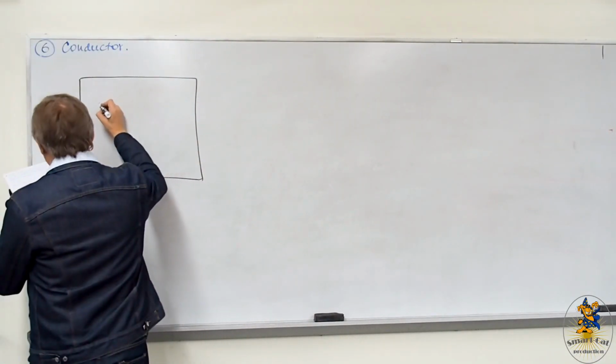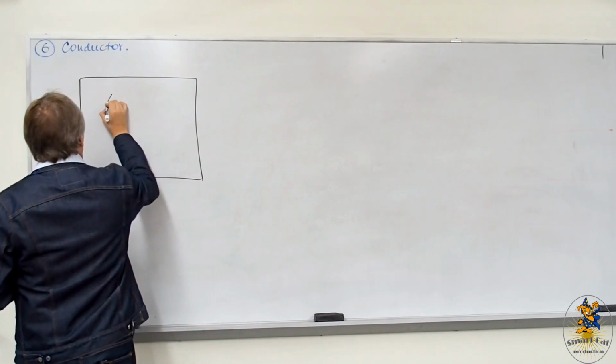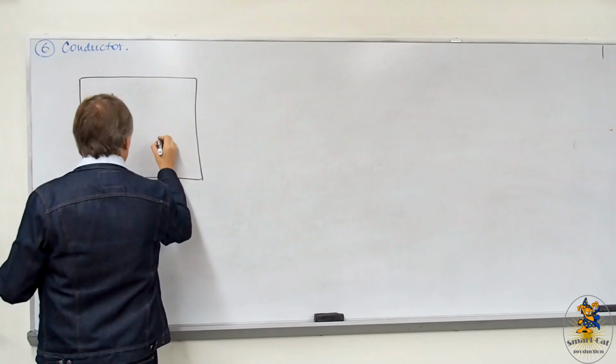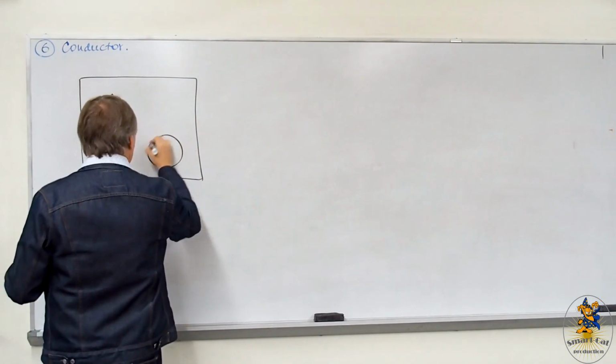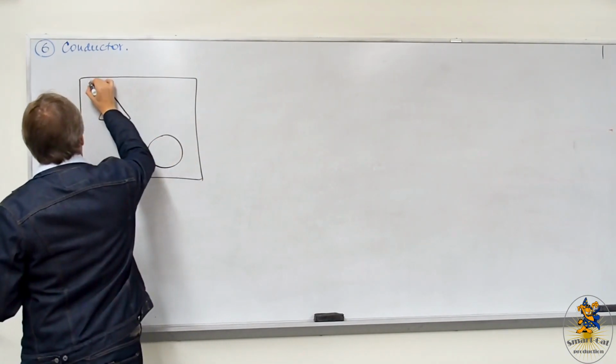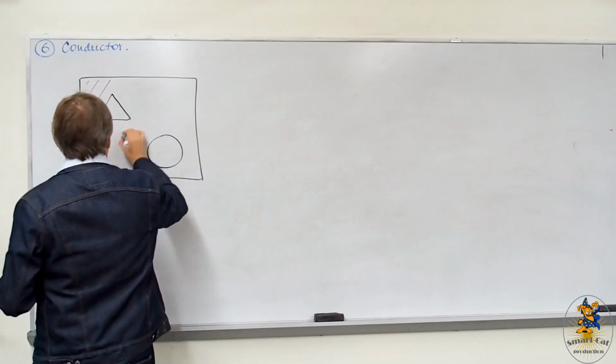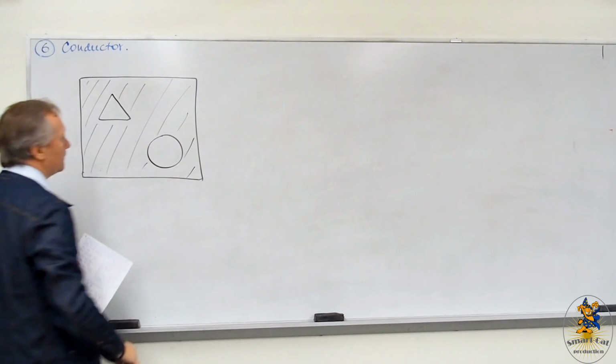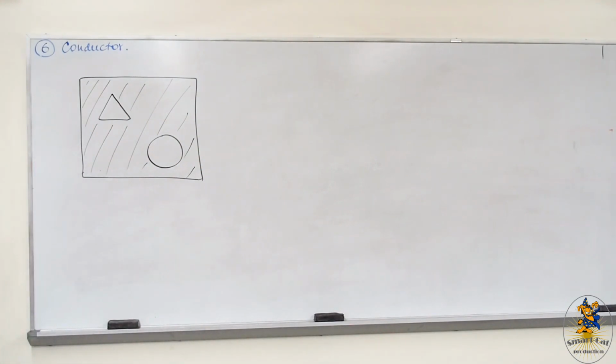All right. Okay. So now let's assume that we have these 2 holes in our conductor. So the conducting material is there. So that's the conductor.